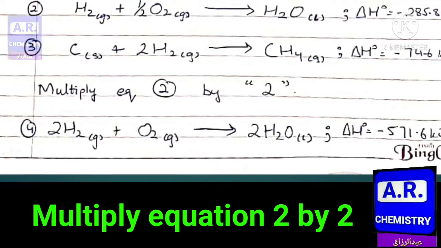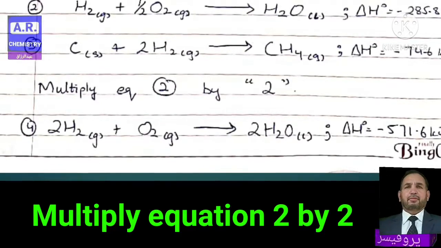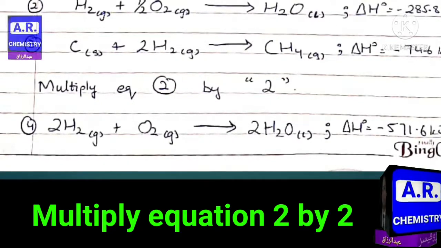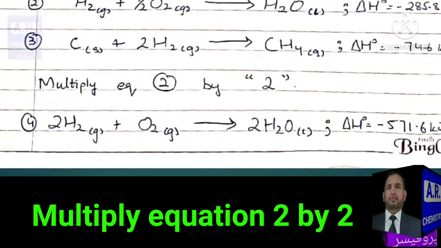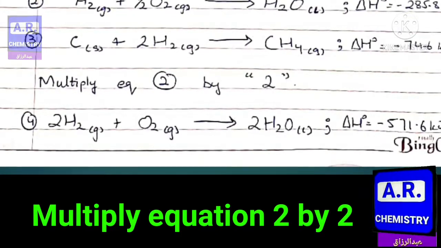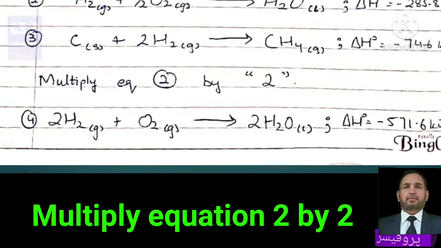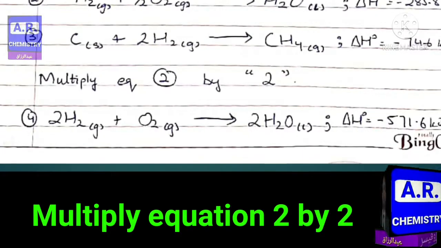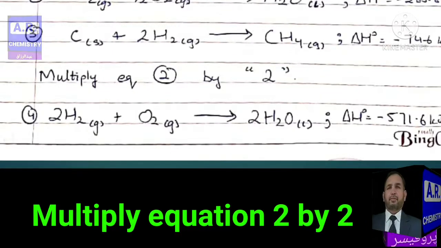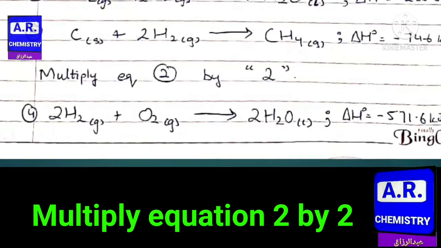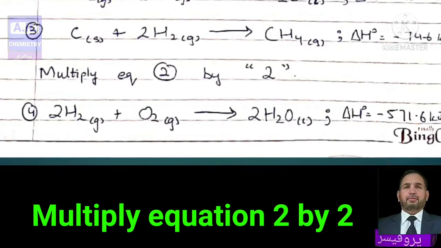And of course you will multiply 285.85 also with 2. When you multiply 285.85 with 2, you get 571.6. This value has been placed along with the equation of formation of water.